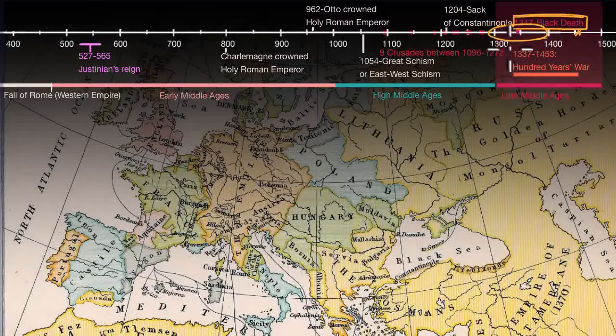The weather cycles get worse, and even before the Black Death, you have a significant famine occurring in the 14th century. You can see right over here, between 1337 and 1453, you have the 100 Years' War between France and England, which lasts over 100 years. Once again, not a pleasant time to live in, especially Western Europe.